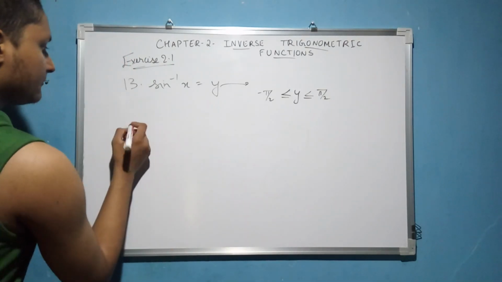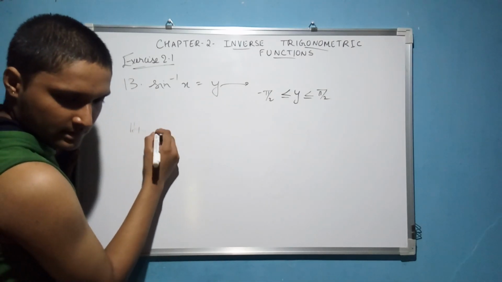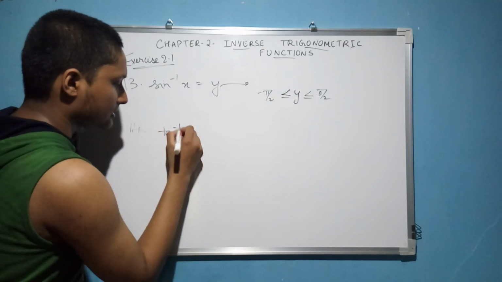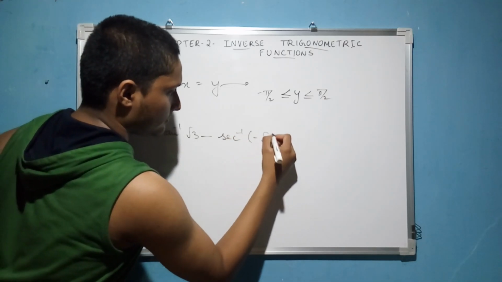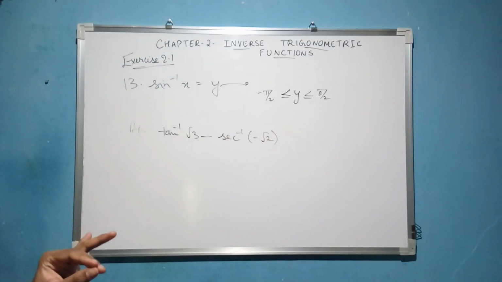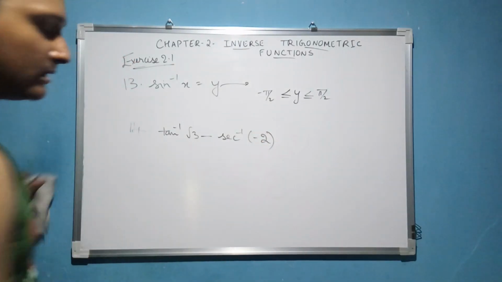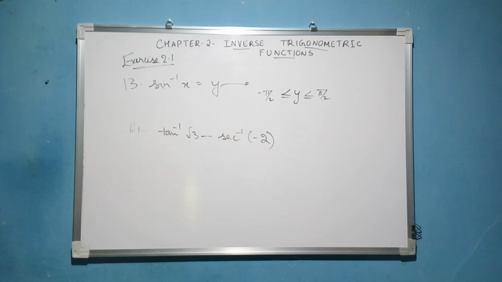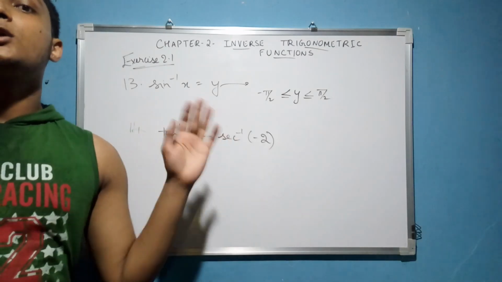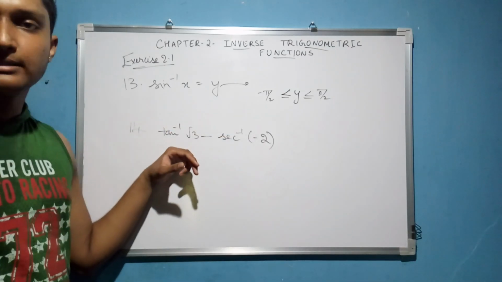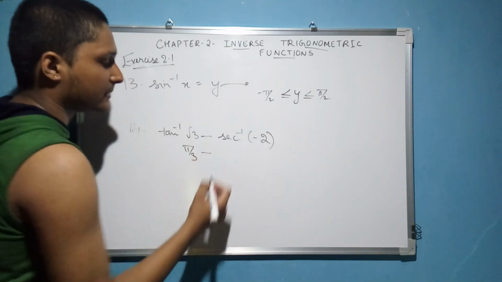Okay, now we have the 14th question. The 14th question you have is, you are asked to again find the value of something. The question is tan inverse root 3 minus sec inverse minus 2. So how do you need to calculate this? This is however positive, it comes in the first quadrant. So whatever tan value you get here, that is 60 degrees. 60 degrees stands for pi by 3, and you have one minus sign.